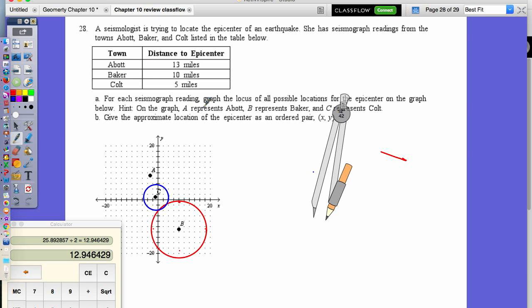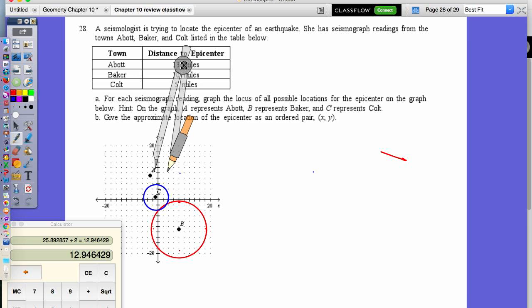Now they also say that it was 13 miles from Abbott. So 1, 2, 3, 4, 5, 6. Looks like it would be about here. So if I take this and move it around, actually, something has gone off here.